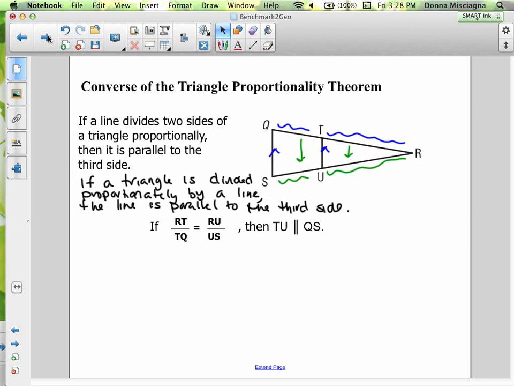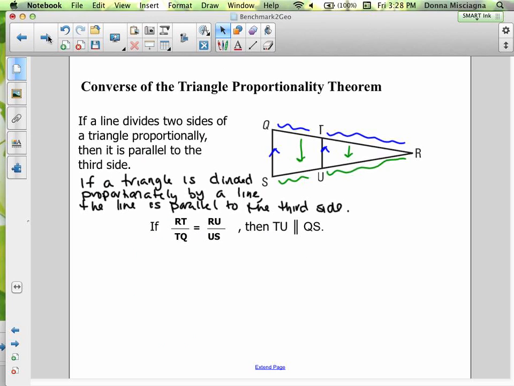That theorem also goes the other way. If we know that the line and that side are parallel, then we can use the side splitter theorem. But if we know that they're in proportion, then we know the lines are parallel. So we're going the other way. Now we're seeing if the lines are parallel. This is the converse of the triangle proportionality theorem.